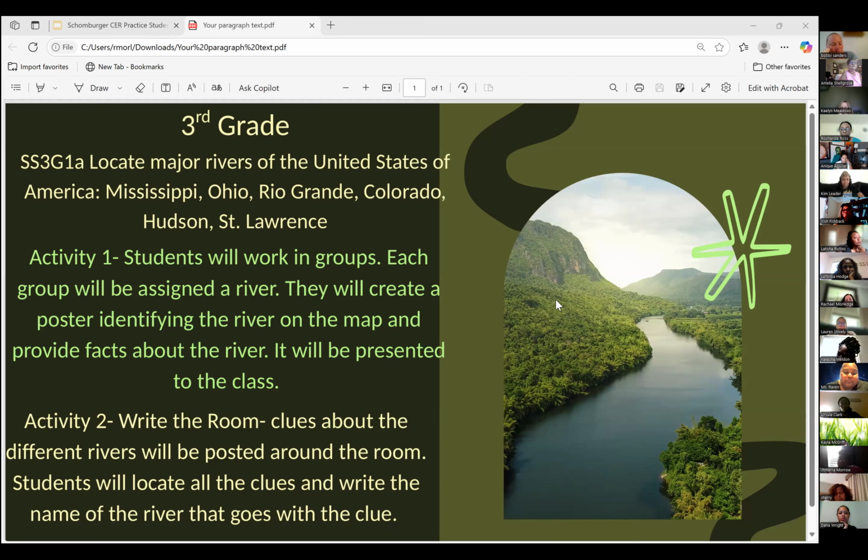And the second activity is like a write the room. So there'll be clues about different rivers around the room, and the kids will have to walk around the room, find the clues, and then record the answer on their recording sheet.